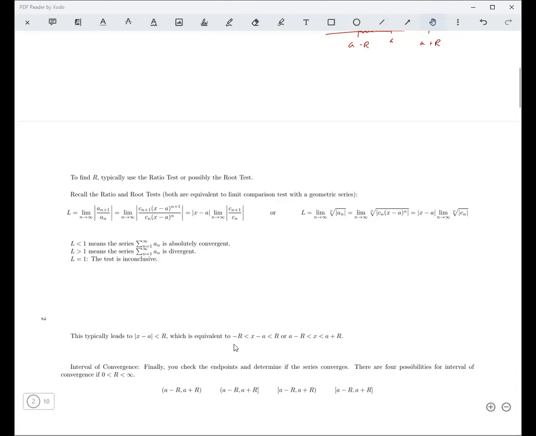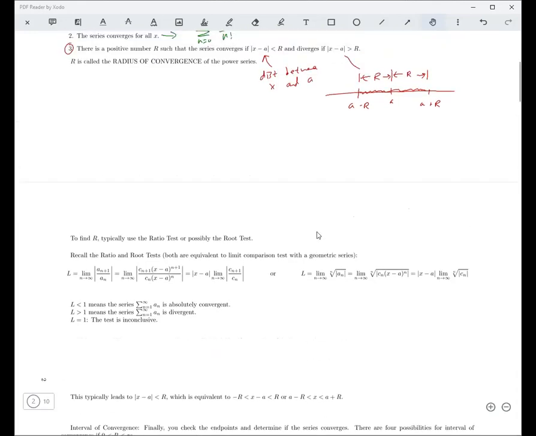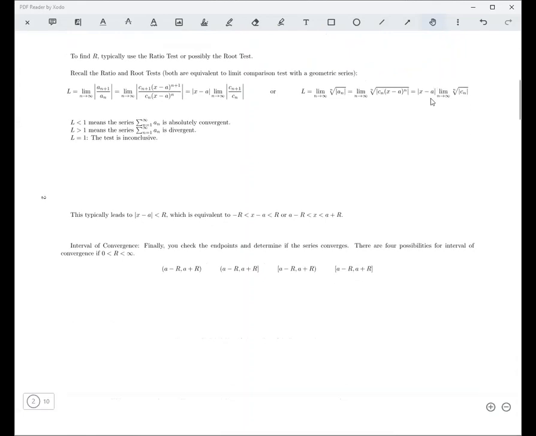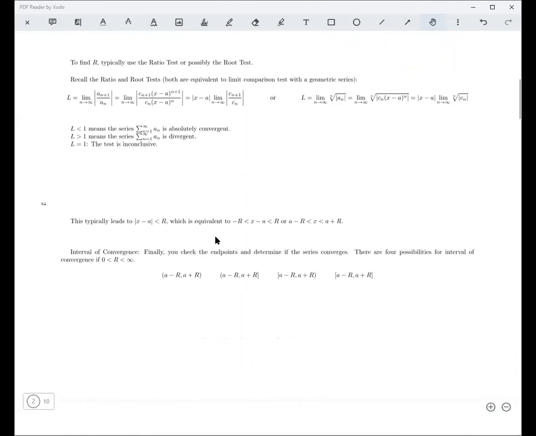Okay, and then you have something like this, which is, like I said, an open interval right here. You know it converges in there, you know it diverges outside. And then you check the endpoints right here.